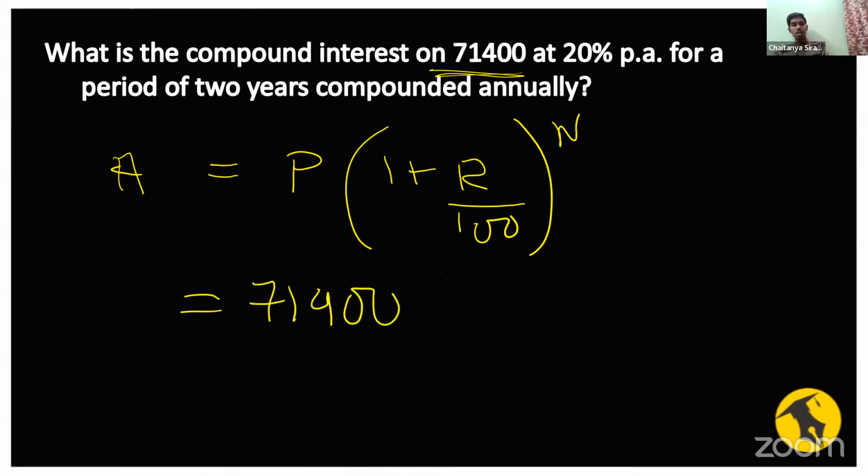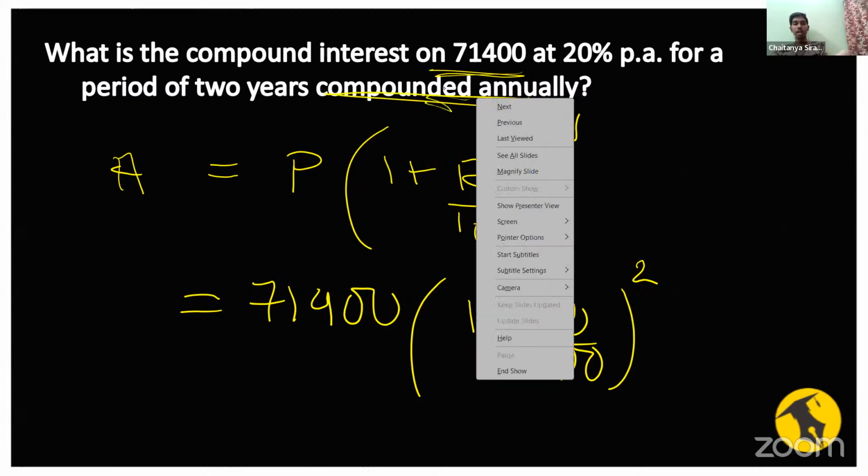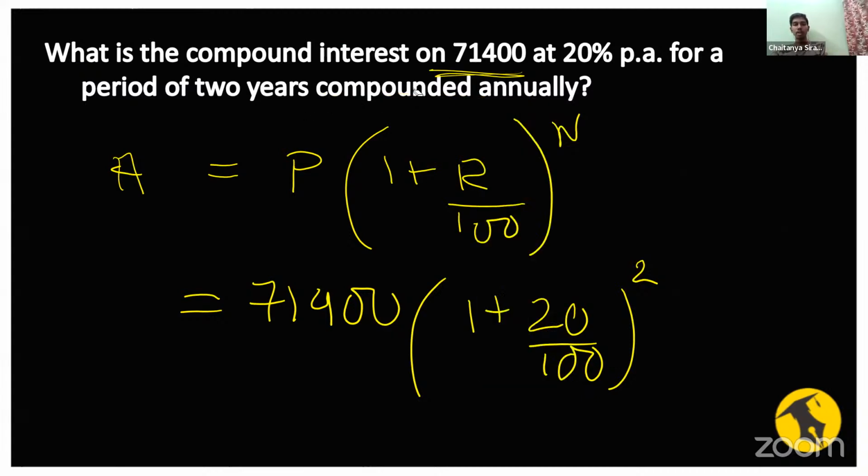This is my principal at rate of interest of 20% for 2 years, compounded annually. I'll talk about what is compounded annually and what is compounded semi-annually in the next question. For now, you can have this formula. So if I divide this, it will be how much? 1 upon 5. 1 plus 1 upon 5 would give me 6 upon 5.